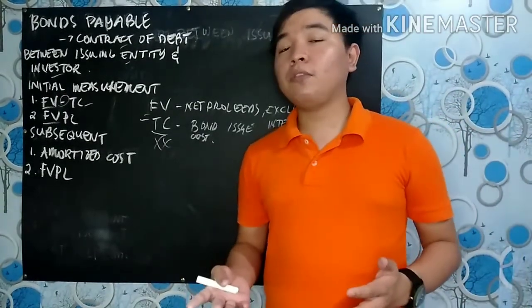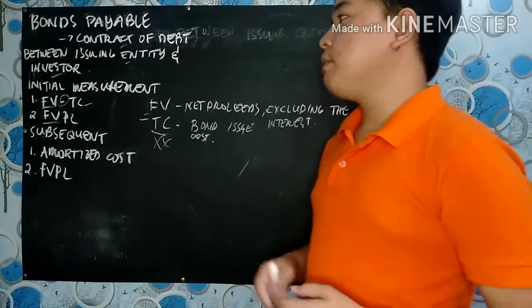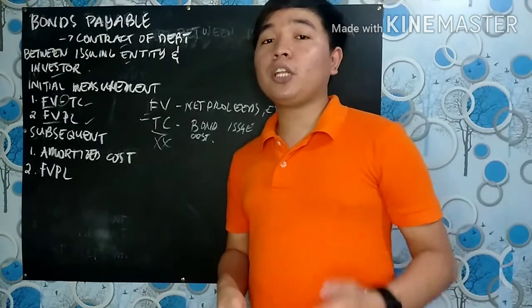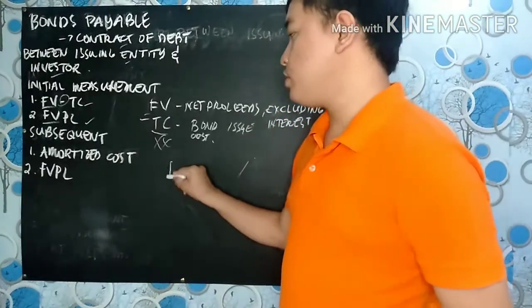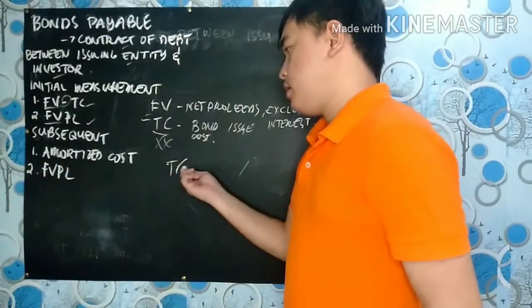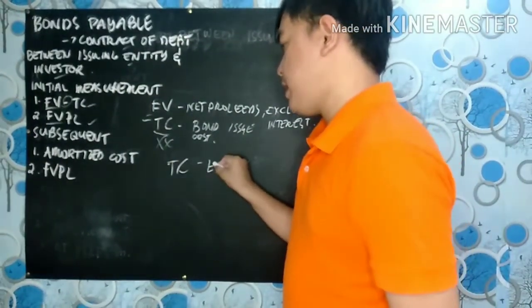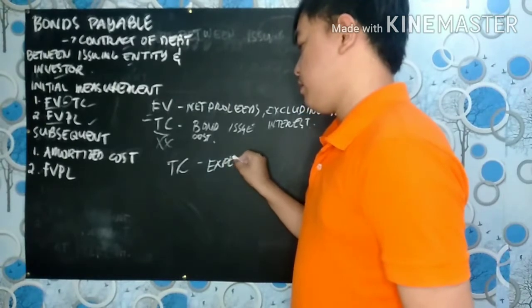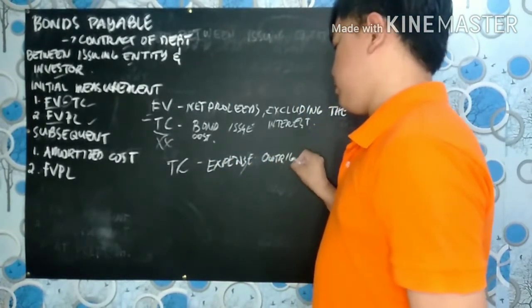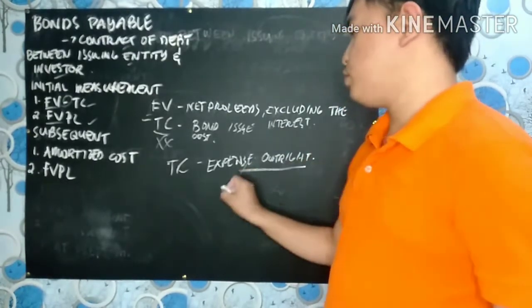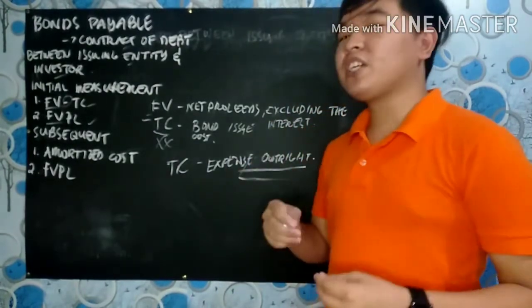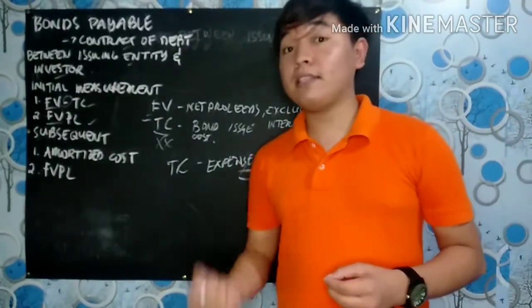Okay? So, pag FVPL, of course, yung fair value ng bonds. Anong treatment natin dun sa transaction cost? Ang treatment natin sa transaction cost, kapag ito po yung ginamit nating initial measurement, transaction cost is expense outright. So, i-record mo na siya agad as expense. Hindi siya valuation account ng bonds, okay?